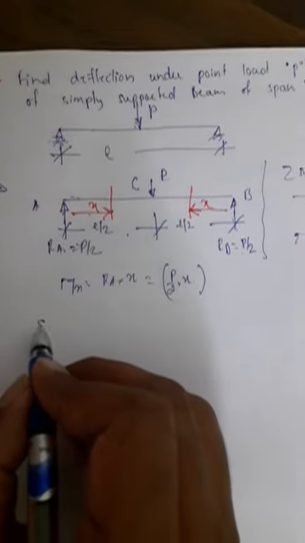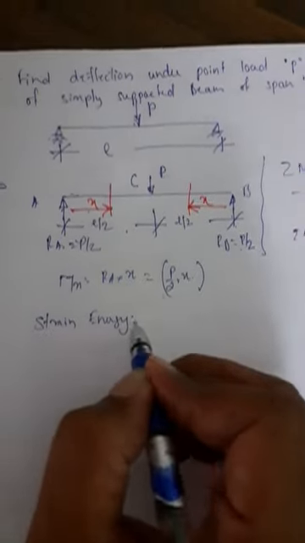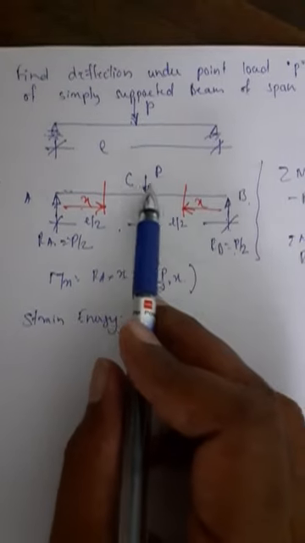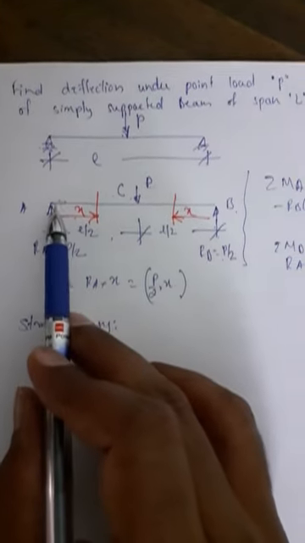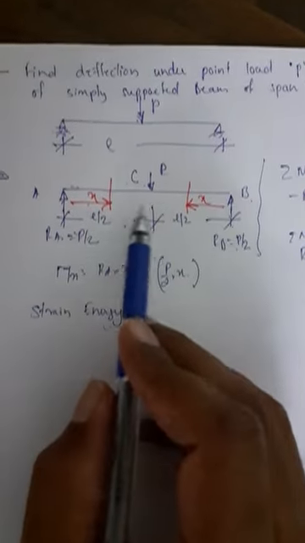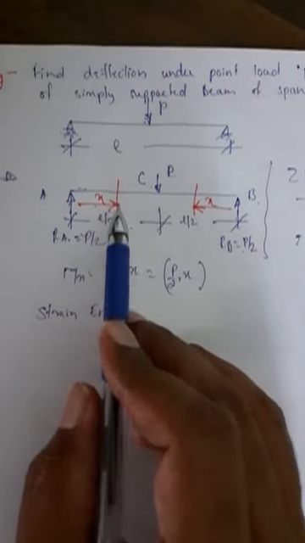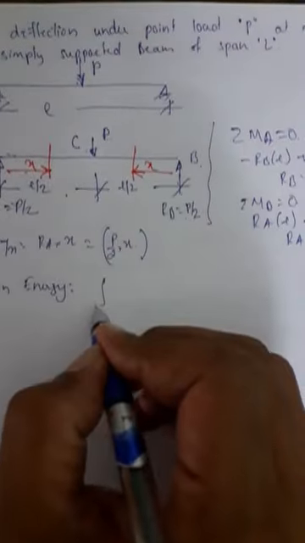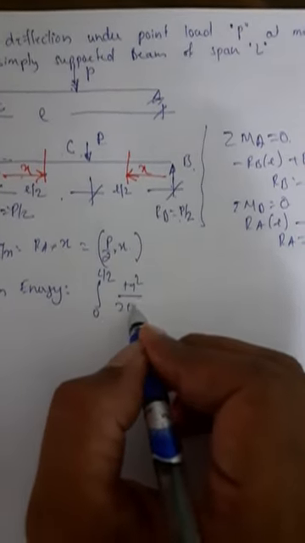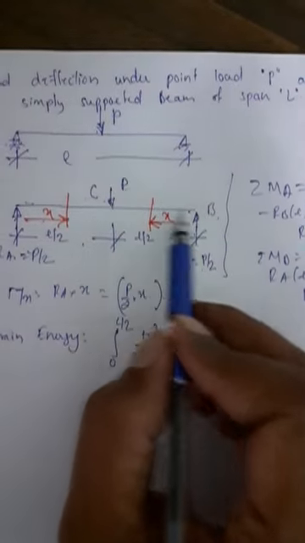Next, strain energy. I am going to find strain energy once for AC and another time for BC and add them together. Now strain energy for AC is integration of 0 to L by 2, distance is L by 2, of m square by 2 EI dx, plus strain energy for section BC.